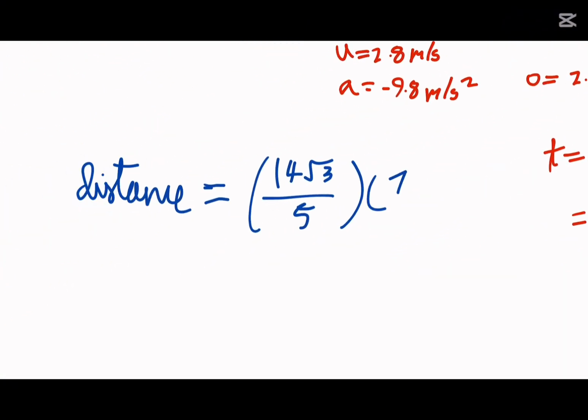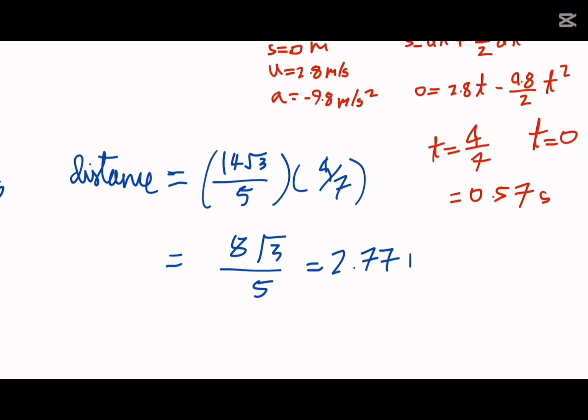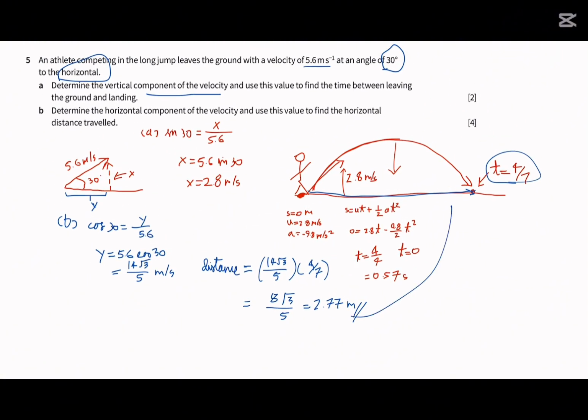This gives the total distance: 14 root 3 over 5 multiplied by 4 over 7, which is 8 root 3 over 5, or about 2.77 meters for the person to land and how far the person will go.